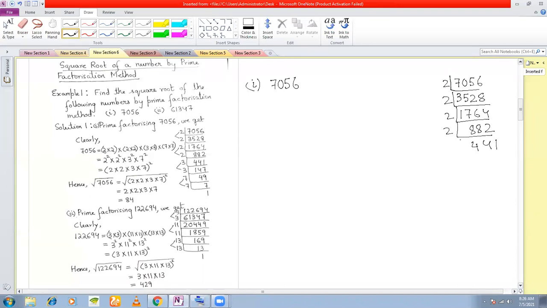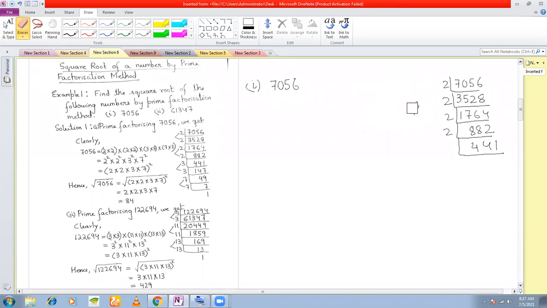Now 441, after 2, what is the next prime that divides 441? You can check it to be 3. You all know how to check divisibility by 3. How will you check whether 441 is divisible by 3? Add up the digits. How much do you get? You get 9. Is 9 divisible by 3? Yes. If 9 is divisible by 3, that means this number is also divisible by 3.